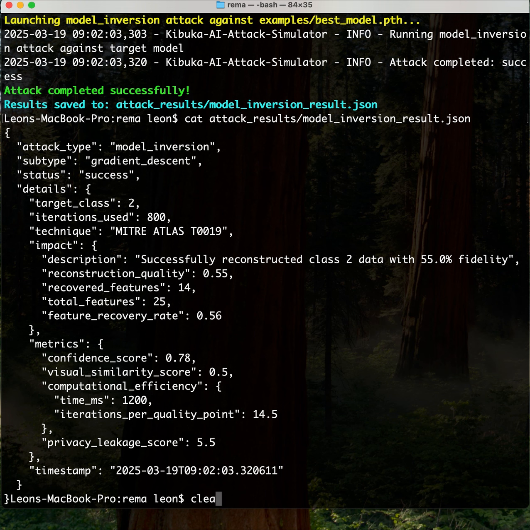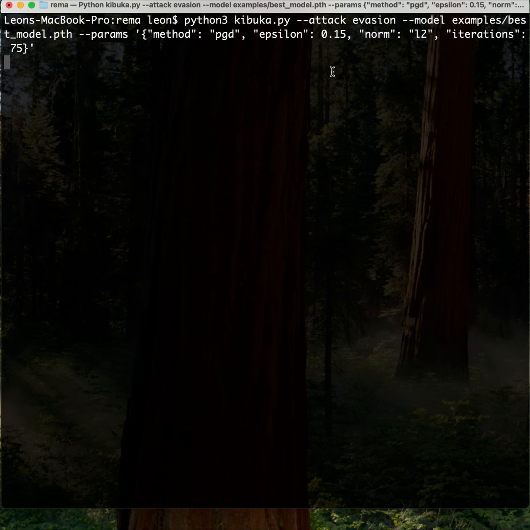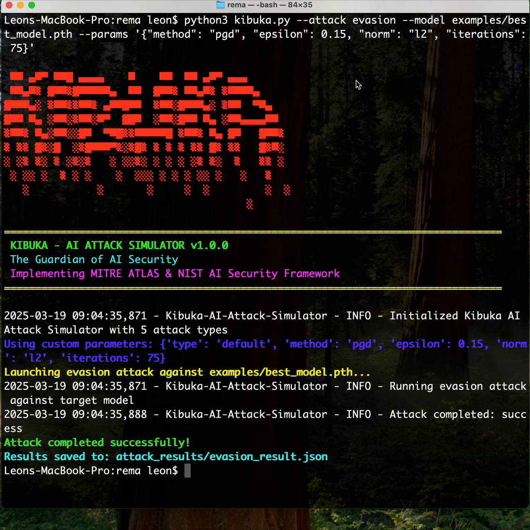Okay, so we shall run Kibuka on our sample models again. I passed this because of time, but in the documentation you have the different params and what you can do with them. So of course, on this one we did run on the best model, and of course then we have the results.